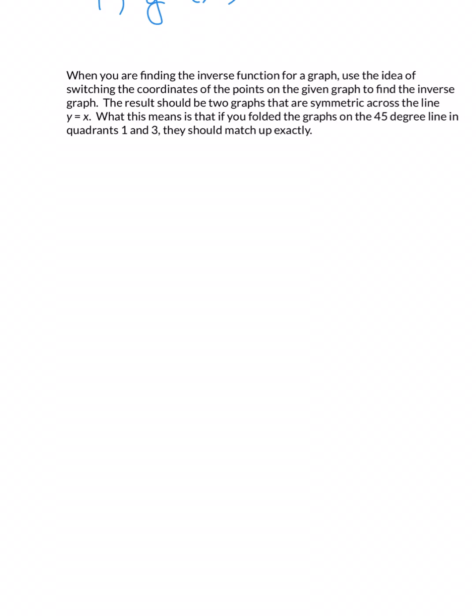When you are finished, the results should be two graphs that are symmetric across the line y equals x. What this means is that if you fold the graph on the 45-degree line that runs through quadrants 1 and 3, they should match exactly.